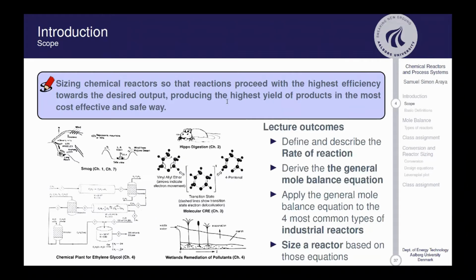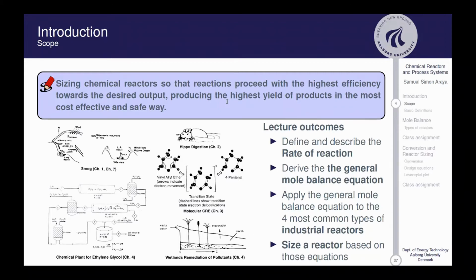The scope, we can easily define it by saying that what you want to do with reactors is design a reaction container, or a vessel, or a reactor that moves your reactions at the highest efficiency towards the desired output.